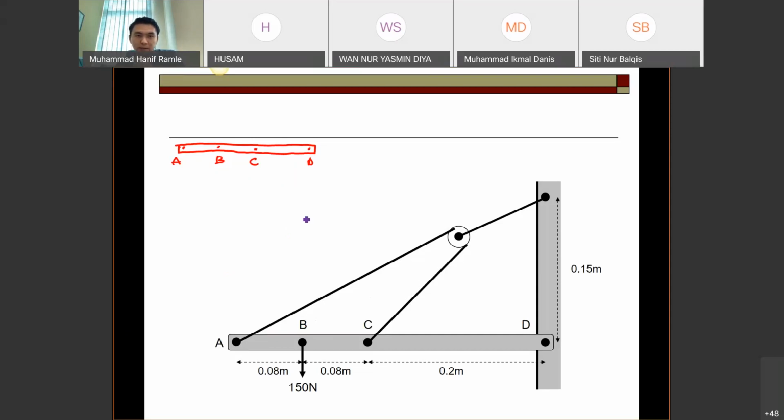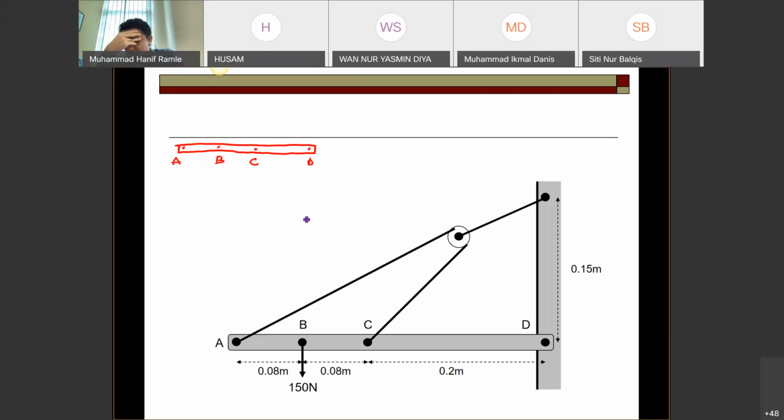There is only one reaction, which is at D. So how many components at D? Reaction at D, how many?